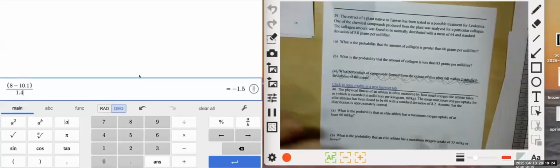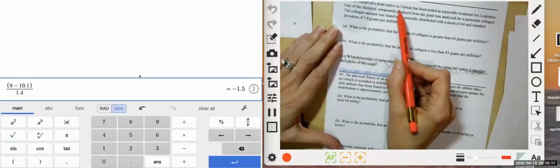Some of the answers are slightly different if you use the table versus the applet. I noticed a couple times. I think all of the word problems are Z tables, so we shouldn't have that problem. It's the problems that were not Z tables that the answers were slightly different.